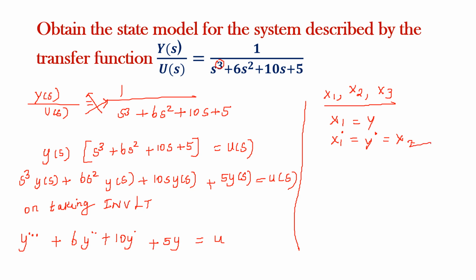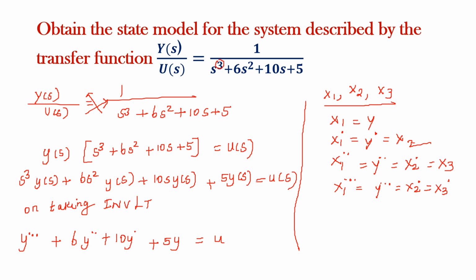And next, x1 double dot equal to y double dot equal to x2 dot equal to x3. Next x1 triple dot, because we are having y triple dot, so once again we differentiate. So x2 dot equal to x3 dot.